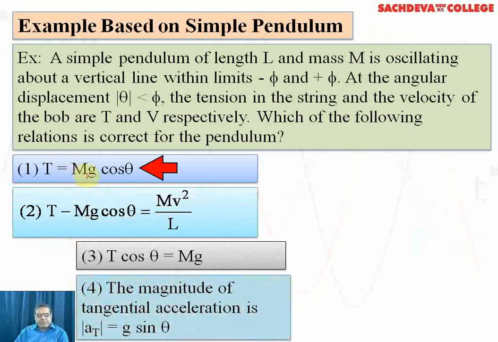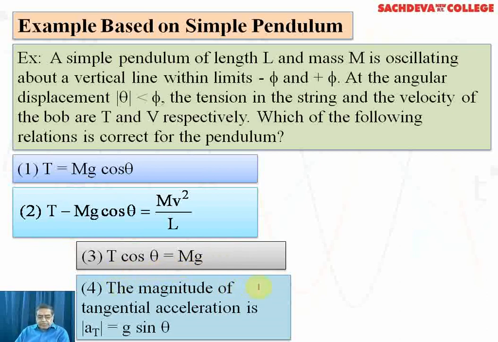In the first option, it is T equals mg cos theta. Then in the second option, T minus mg cos theta is equal to centripetal force, so it is taken as mv square over r, but r is L, so we have taken mv square over L. And the third concept is T cos theta is equal to mg, that is, weight mg is balanced by T cos theta.